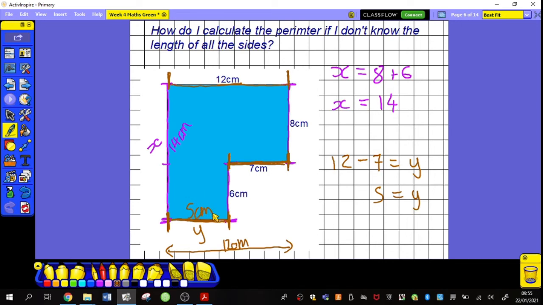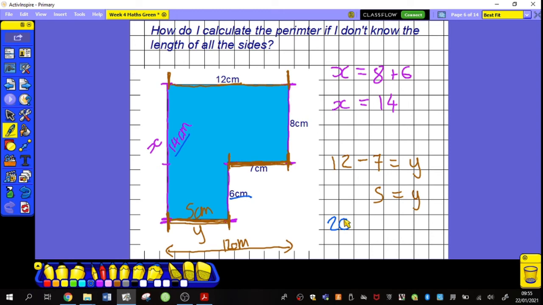A good way to check that would be to do 5 add 7. So if I take this length and I add it here, 5 add 7, just like I did with the pink side, does that equal 12? Yes, it does. So the last part I need to do now is to add all the sides up. Again I'm going to use that knowledge of finding the easy calculations. I've got a 14 and a 6, so I know that equals 20.